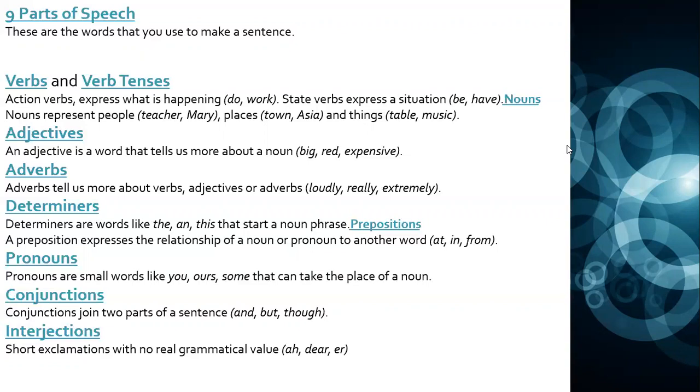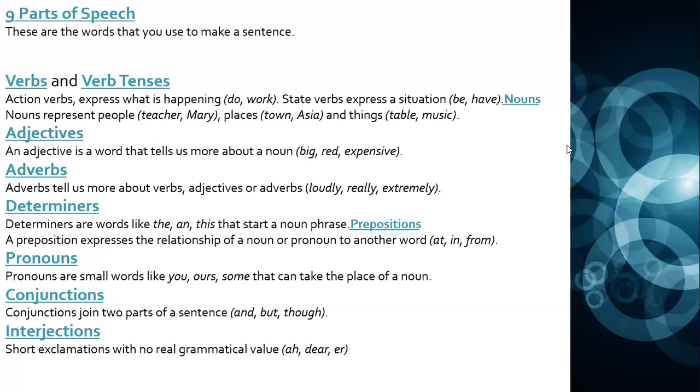Conjunctions. Conjunction, junction, what's your function? Basically, conjunctions join 2 parts of a sentence with and, but, or though. When you use and or but, you have two different sentences, like Miss Kate likes music, comma, and there's your conjunction. I'm just naming some stuff so you get it.